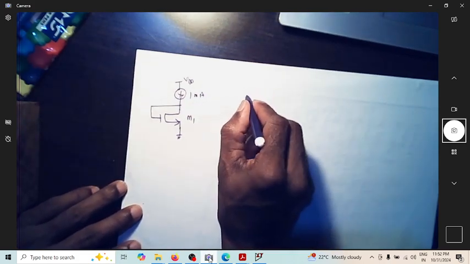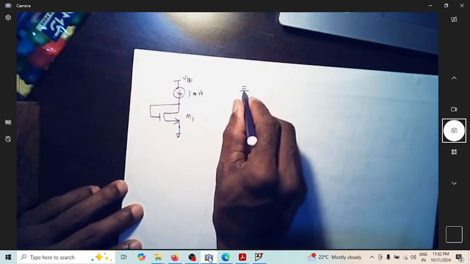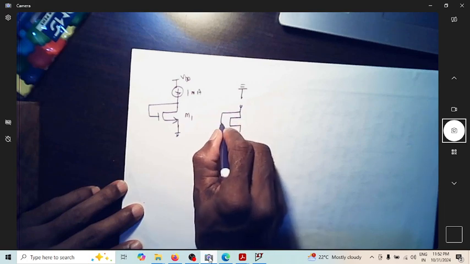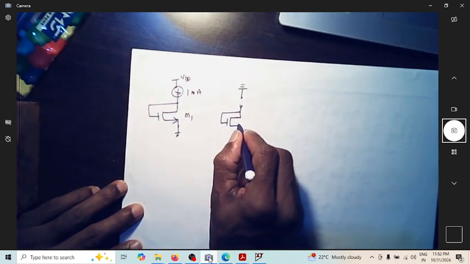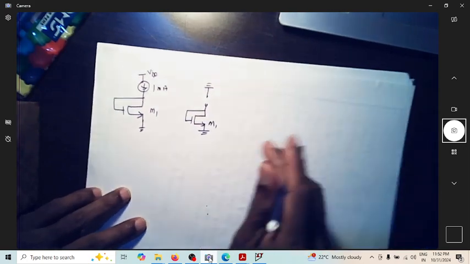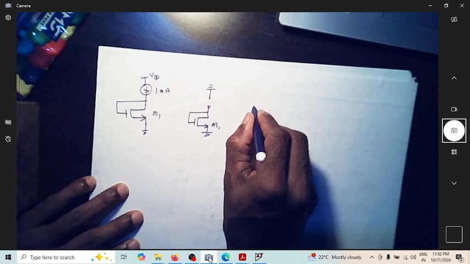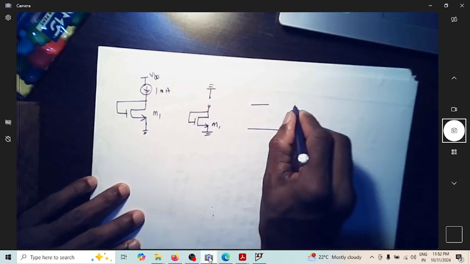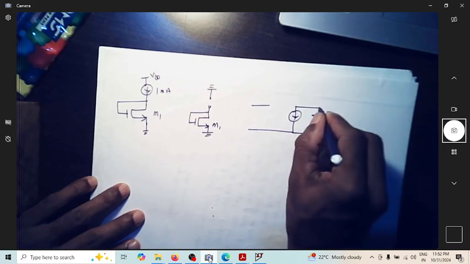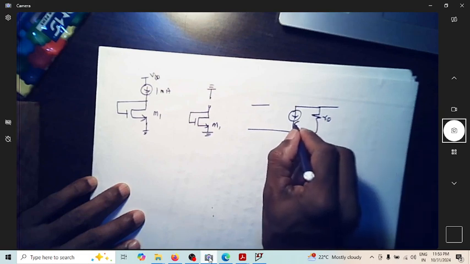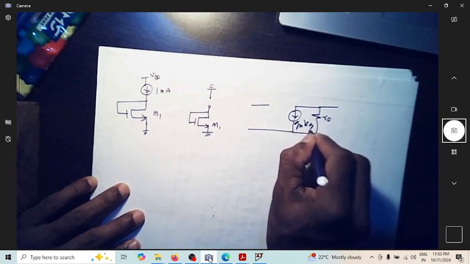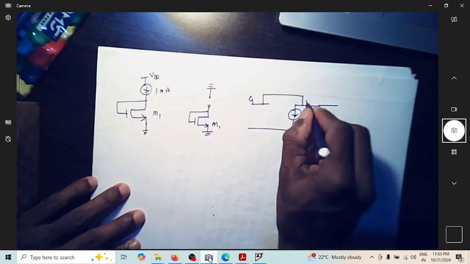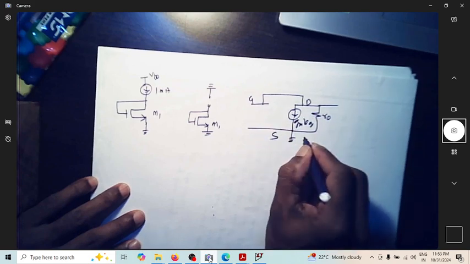So now you have a short here, this is now open circuited, and this is your MOSFET, M1. What is the small signal model of this? Small signal model is hardly this: R0, GM into VGS, and this is shorted here. This is gate, drain, source is grounded.